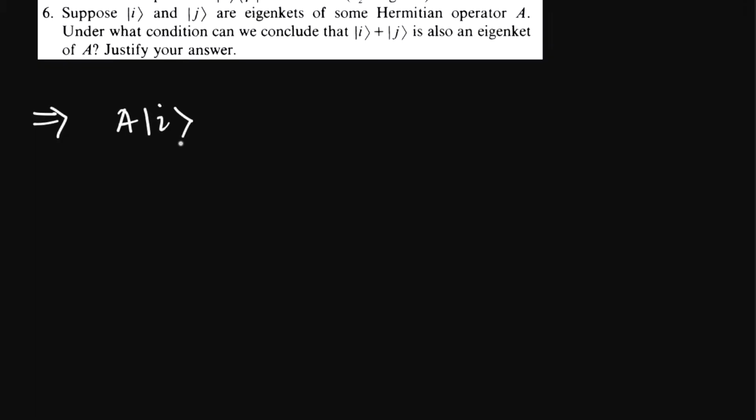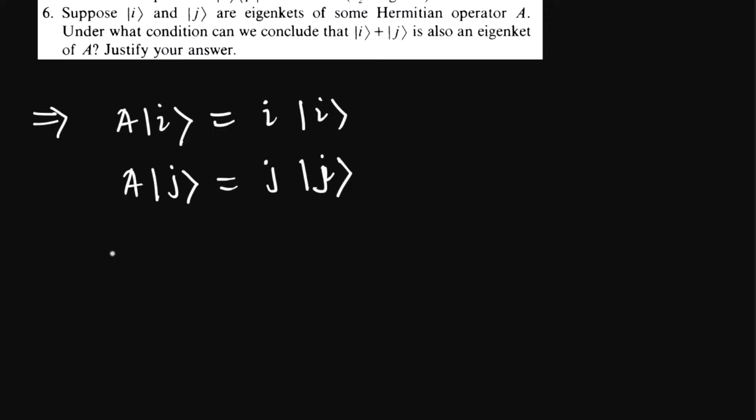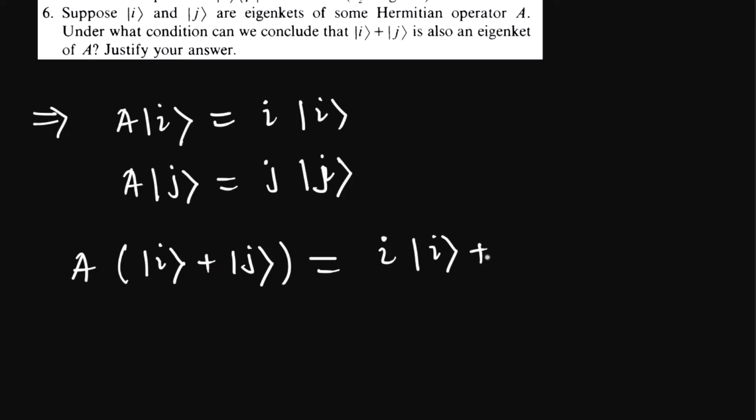Here |i> is an eigenket of the operator A and |j> is also an eigenket of the operator A. That means if we operate A on |i> plus |j>, we will get a_i|i> plus a_j|j>, which is not equal to a times |i> plus |j>.